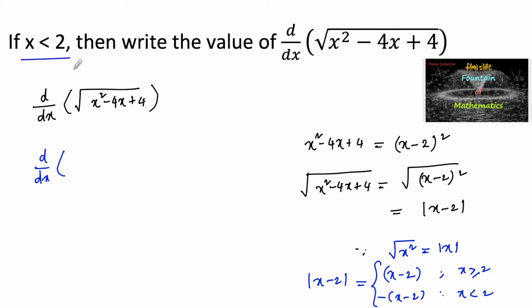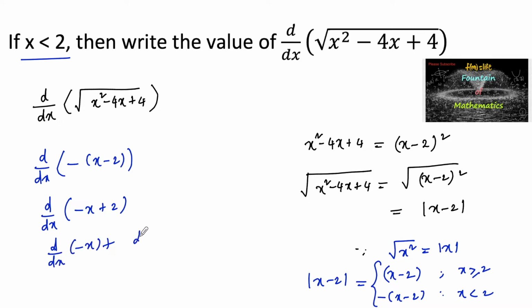For x less than 2 we can write negative of x minus 2. That is d by dx of negative x plus 2. That is d by dx of minus x plus d by dx of constant 2. So differentiation of negative x is minus 1 and differentiation of constant is 0. So the answer is minus 1.